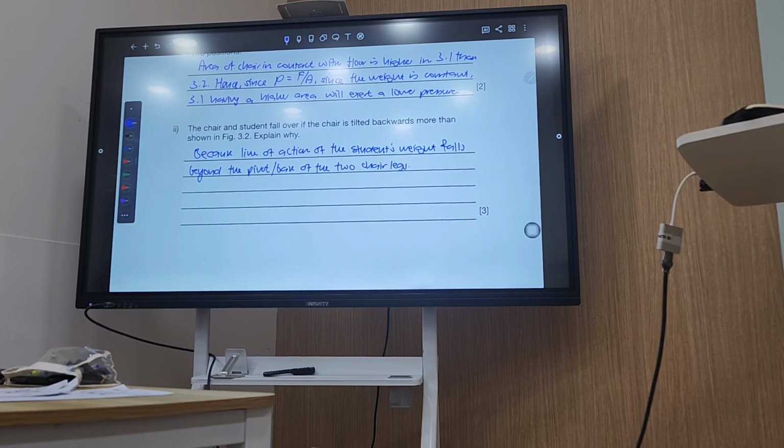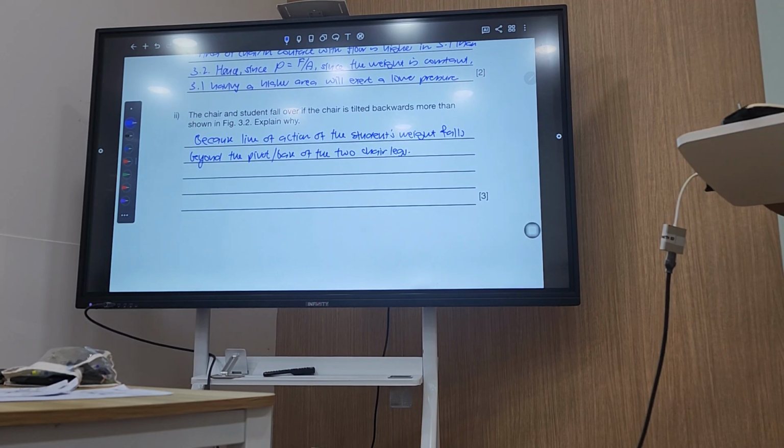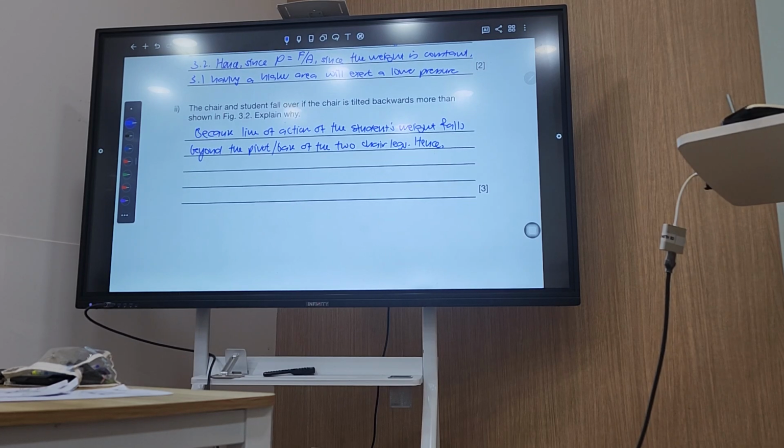Okay, hence it will produce a resultant moment that causes him to fall.